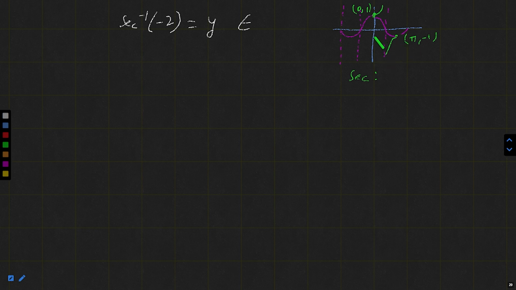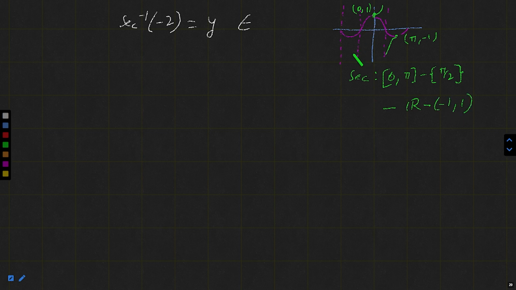Your graph will look like this. So your sec function is from the closed interval 0 to pi, excluding pi by 2, to all real numbers except the open interval -1 to 1.